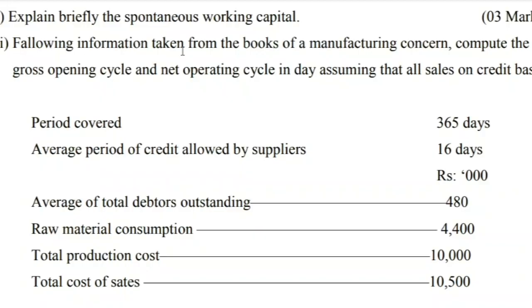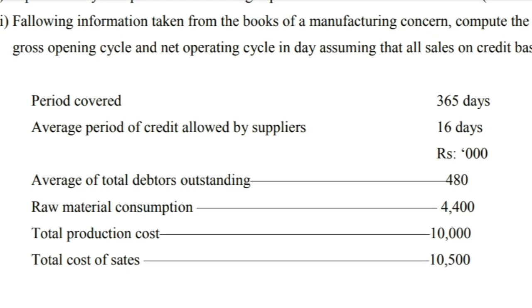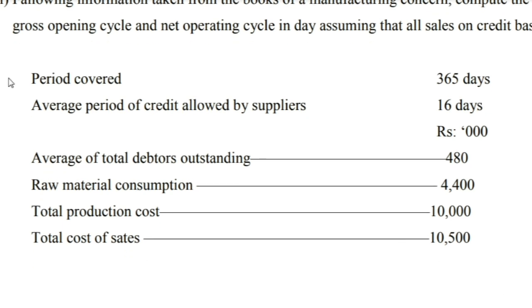The following information is taken from the books of a manufacturing concern. Compute the gross operating cycle and net operating cycle in days, assuming that all sales are on credit basis. These details are given. Period covered 365 days. Average period of credit allowed by suppliers 16 days.